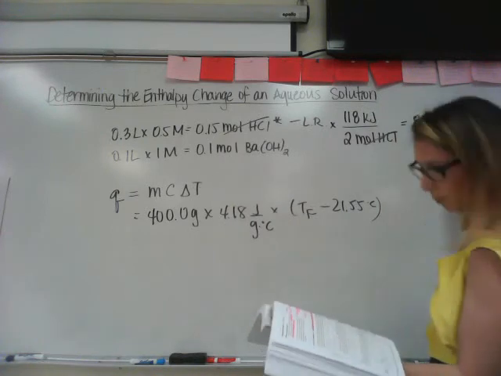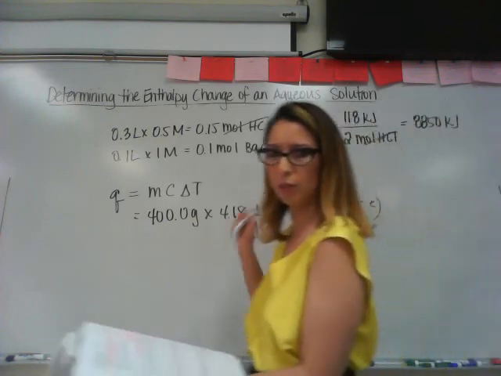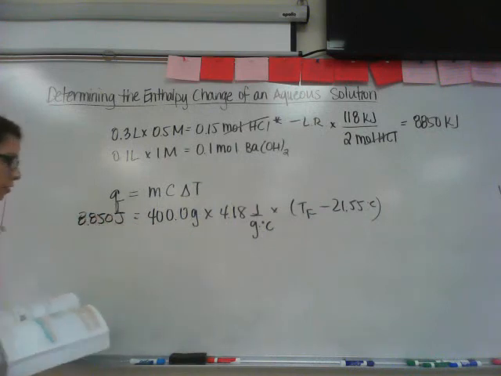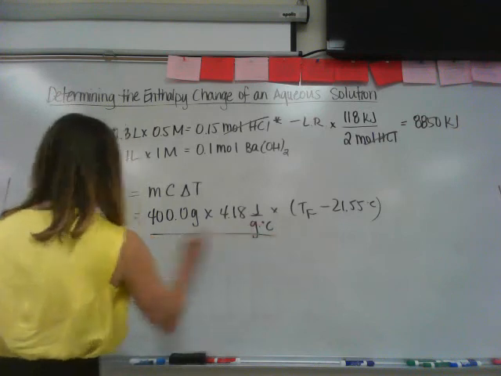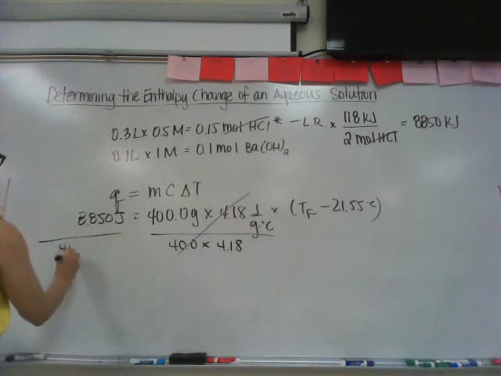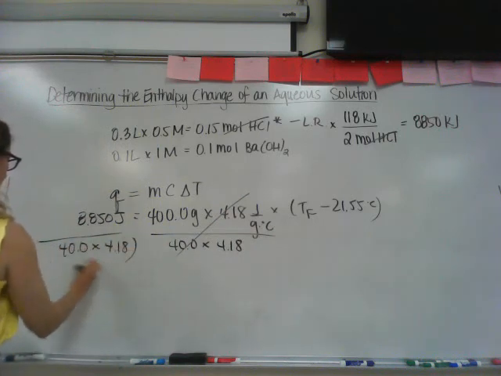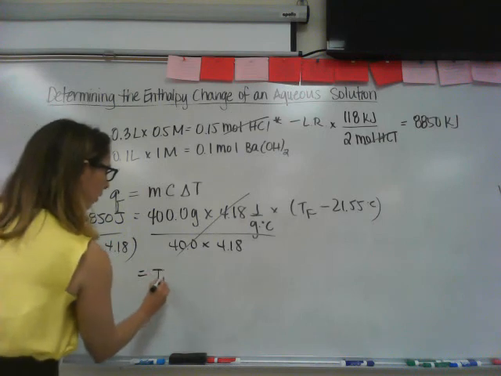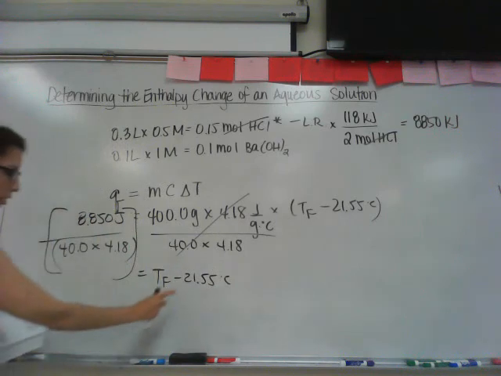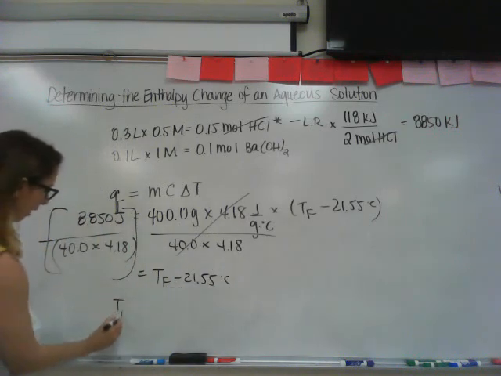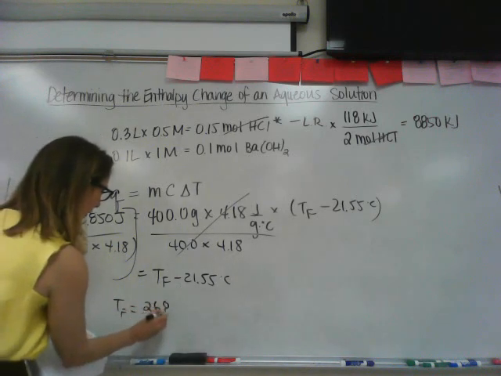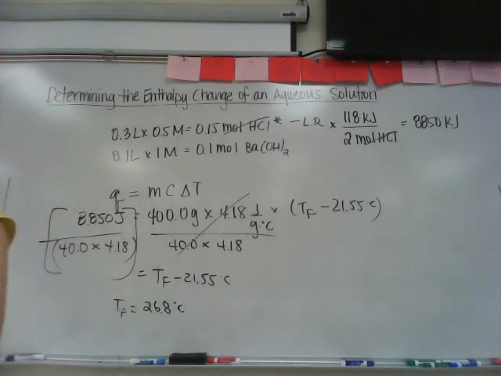That's what I need for my Q, but since this has units of kilojoules, I'm going to convert that to joules. And then we're going to go ahead and solve. Once you figure out what this is, add 21.55 to that side. You're going to get your final temperature is 26.8 degrees Celsius.